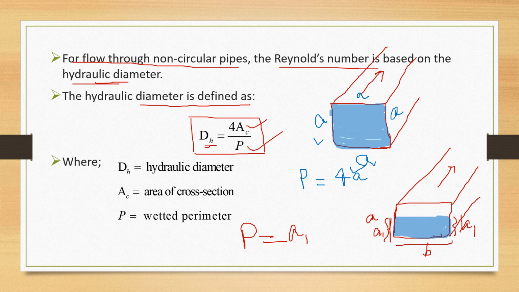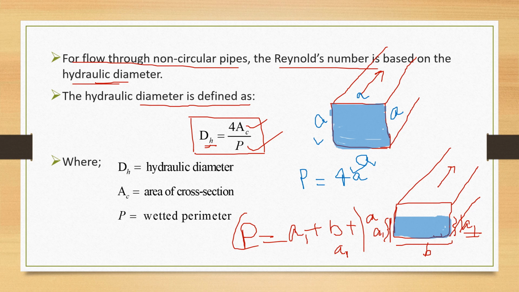So we take A1 plus this whole length, because the liquid is in contact with the whole length, that is B, and similarly on the right-hand side the liquid is touching only A1. So this is the weighted perimeter for this case. I think you have now understood the weighted perimeter concept.